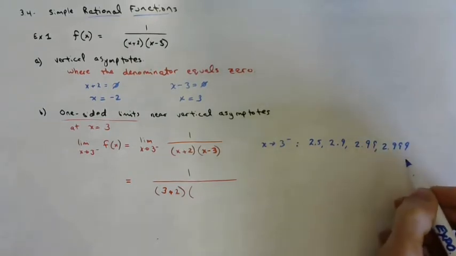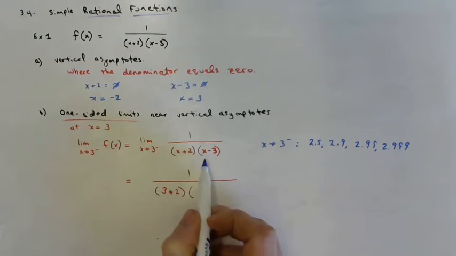You're getting infinitely closer to 3, but you're never actually getting to 3.